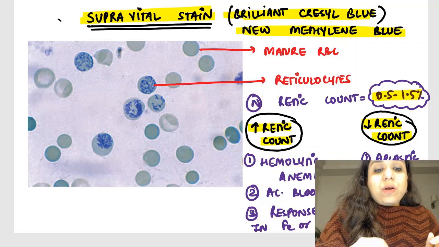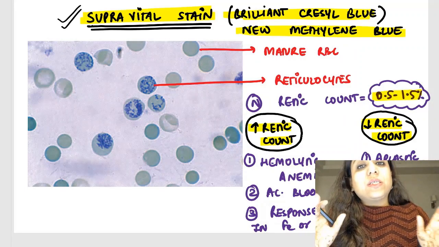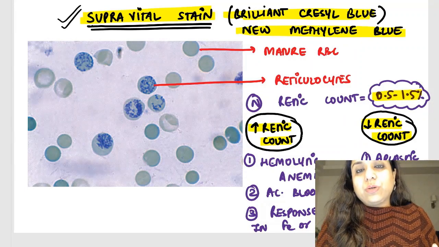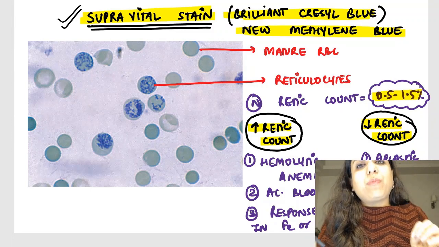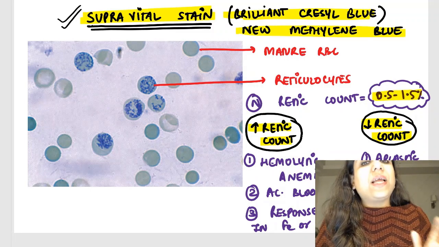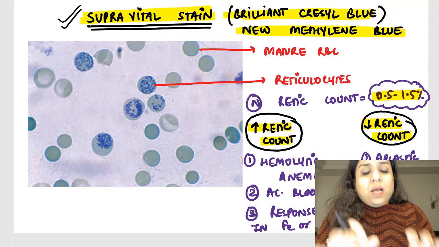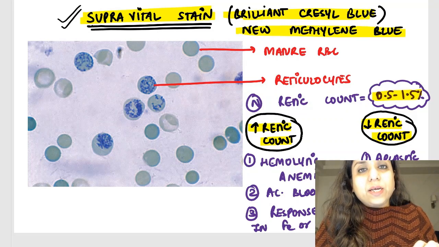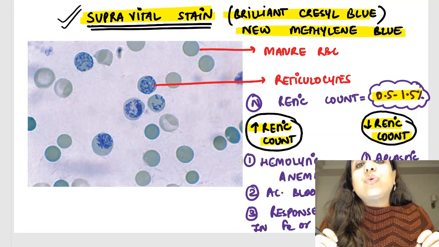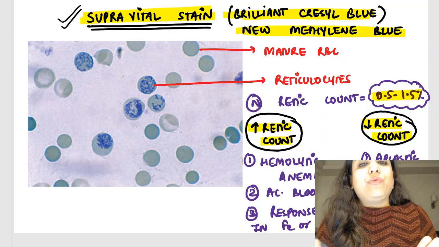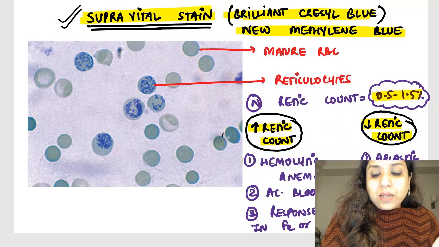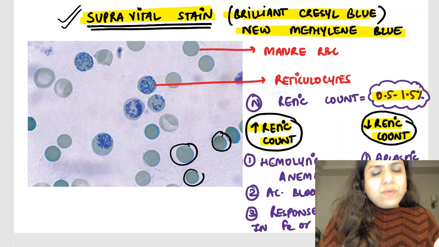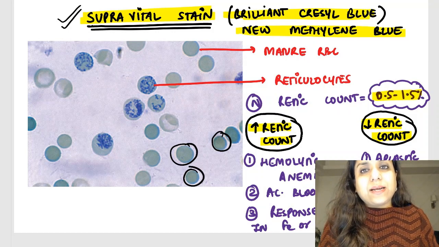Okay, this is one of my favorite slides because this is very popularly asked in the question papers, and a very popular question which can be used in any of the papers, right? If they give you this kind of staining, this is usually a supravital staining which we do for a reticulocyte. Can you see these rounded structures with nothing greenish inside them?